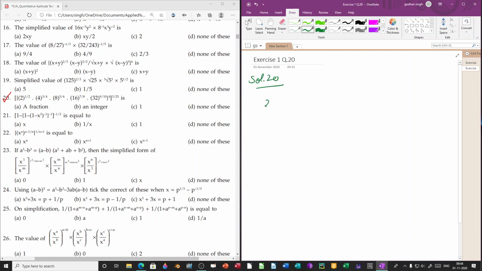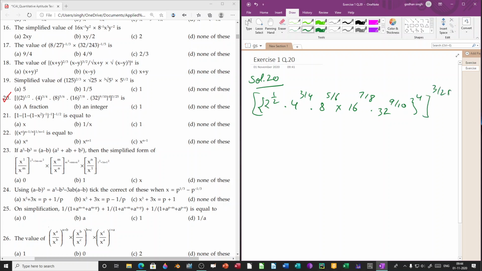2 raised to the power 1 by 2 into 4 raised to the power of 3 by 4 into 8 raised to the power of 5 by 6 into 16 raised to the power of 7 by 8 into 32 raised to the power of 9 by 10, raised to the power of 4, and this again raised to the power of 3 by 25.